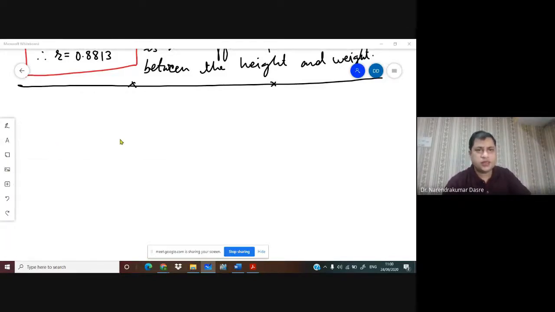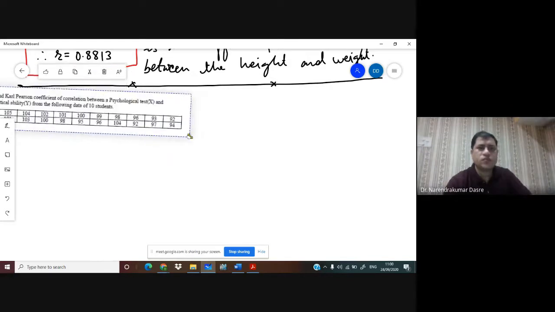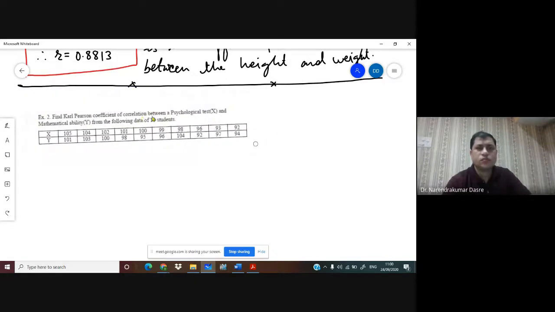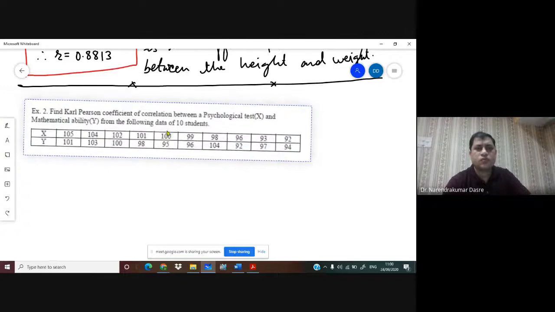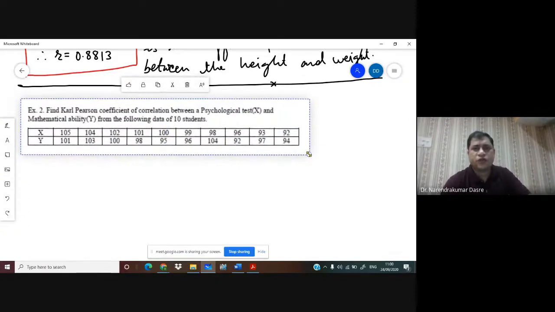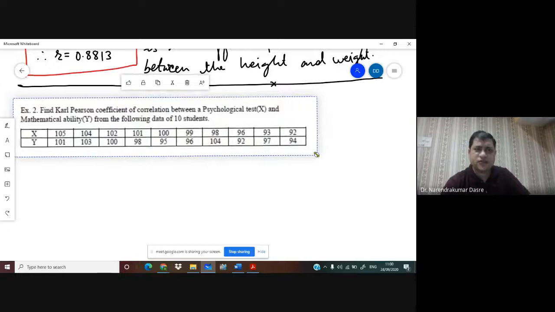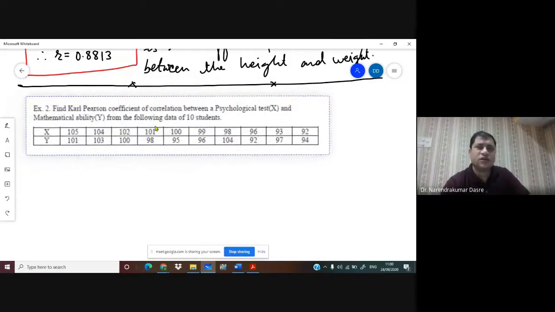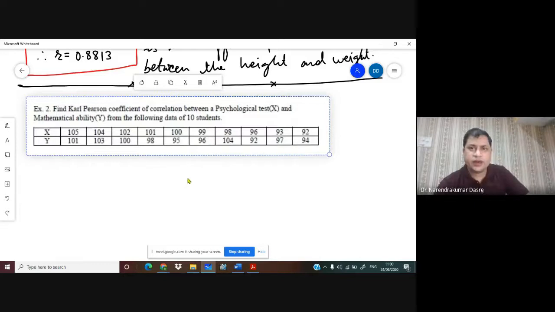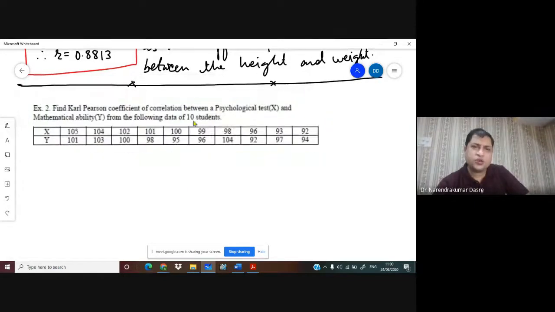So we'll consider another example. We have the test results of a psychological test and the mathematical ability. Ten students were tested for the psychological test and their mathematical ability, and the results were noted. So this is the data of the 10 students.